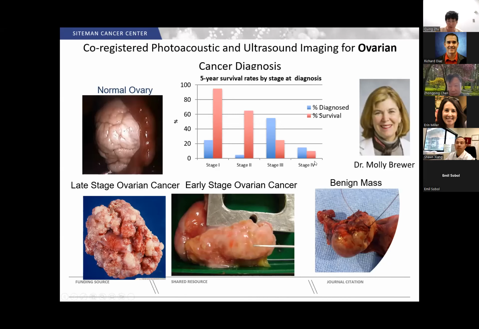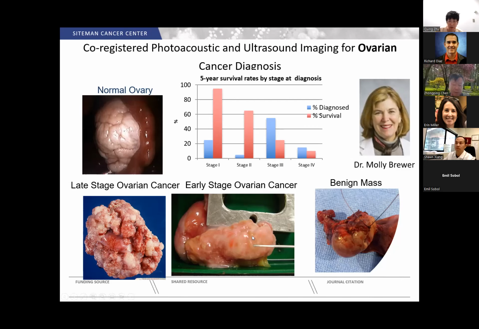However, because there are no tools for detecting early ovarian cancers, most often when the patient shows some symptoms, they already have a big cancer. You can see from the very left corner that the late stage cancer is big and has metastasized to the entire pelvis and the abdomen. And the 5-year survival for these patients is very low.